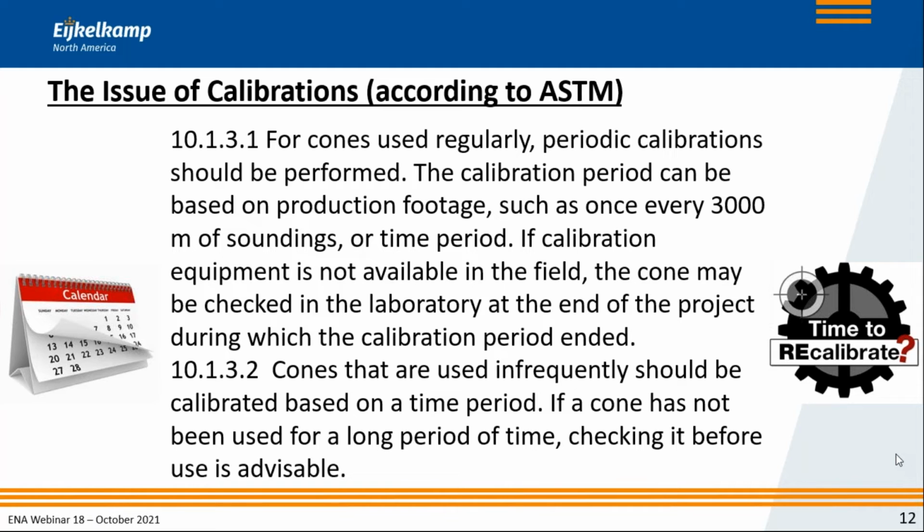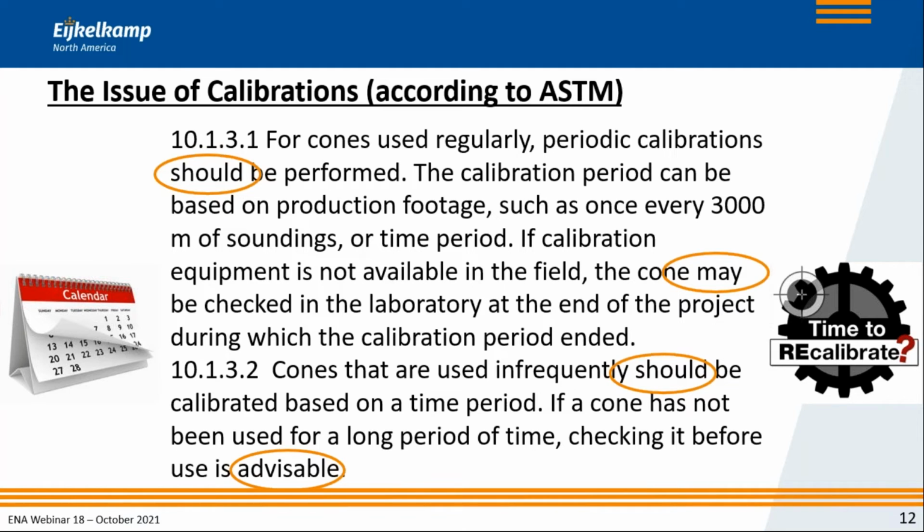Now, what is so weird about this whole thing is that, as I told you earlier, you have 94 instances where the standard says shall do this, shall do that, all mandatory requirements. And then when it comes to calibrations, it's should, or may, or advisable.